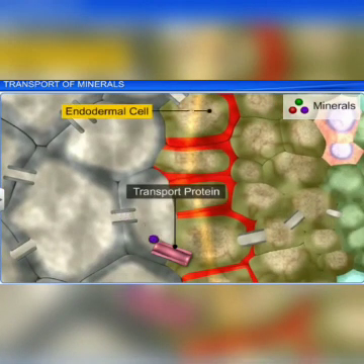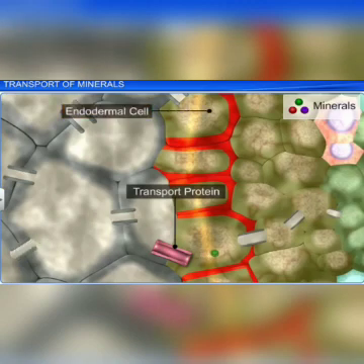The endodermal cells of the root also have many transport proteins embedded in their plasma membrane. These transport proteins serve as control points, where they adjust the quantity and selectively allow certain types of solutes to cross the membrane to reach the xylem.